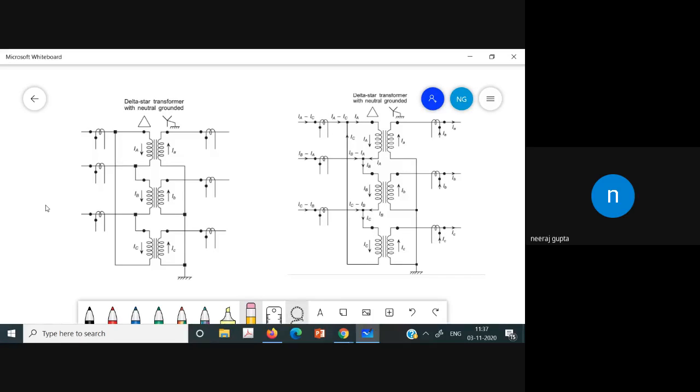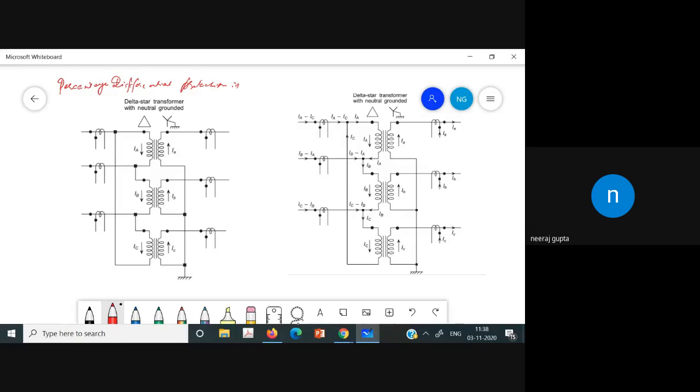Now, let us consider a transformer. We will have the delta star transformer with percentage differential protection, as you have seen in this case.